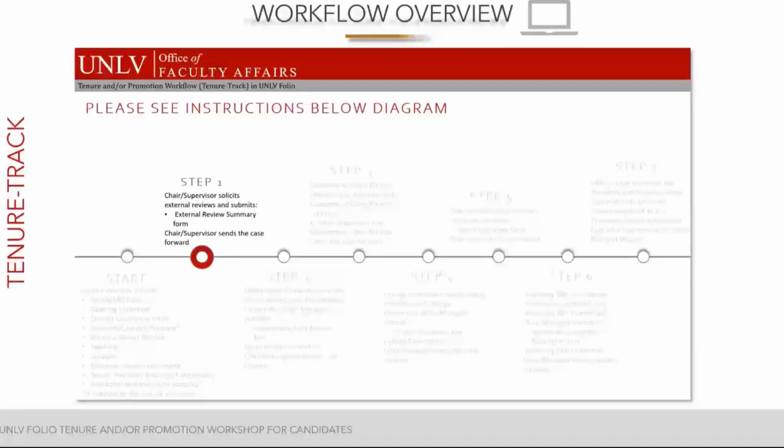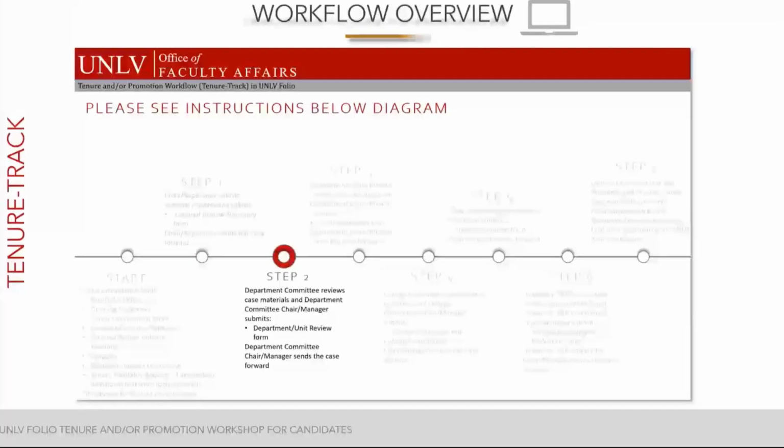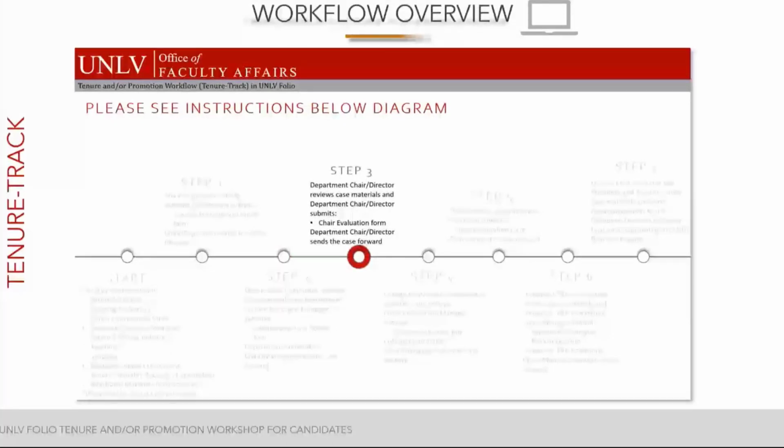They'll complete a form and send the case forward, and it then goes to the department committee. They convene and complete their vote and recommendation and send it onwards to the department chair or director, who will review your case and complete their evaluation and recommendation.